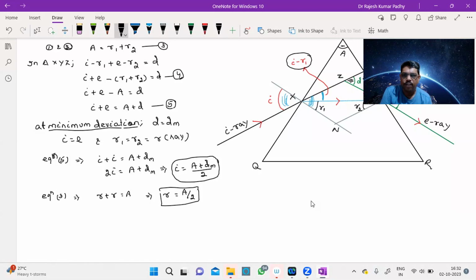Okay. Now, let us apply Snell's law at X for the minimum deviation position. We are calculating at minimum deviation.